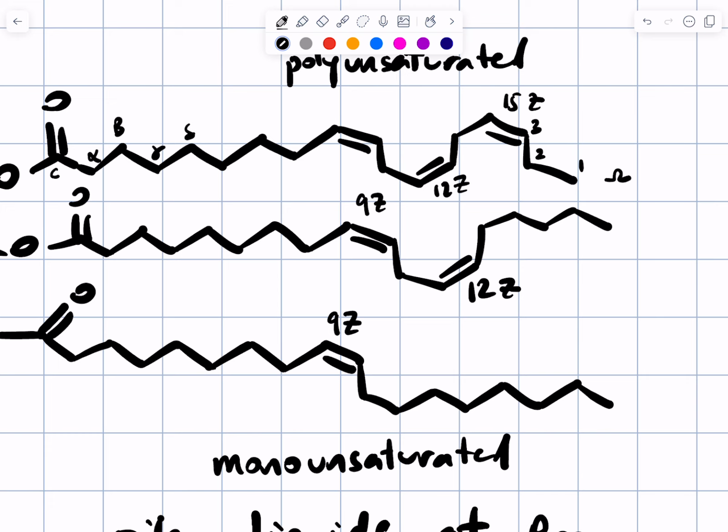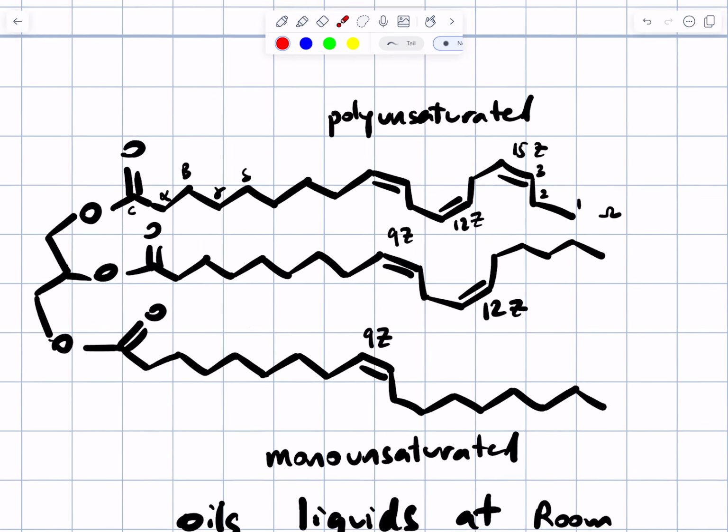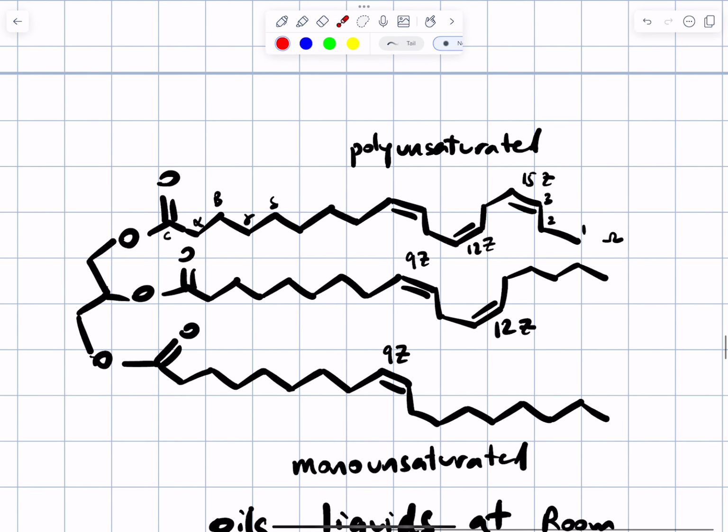Is there a way to write it down without drawing it out? Yes, there is a sort of nomenclature.